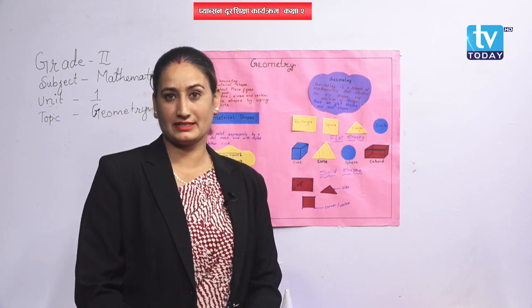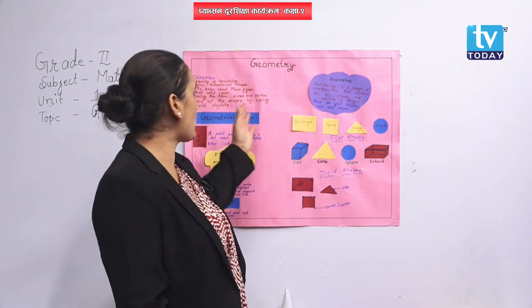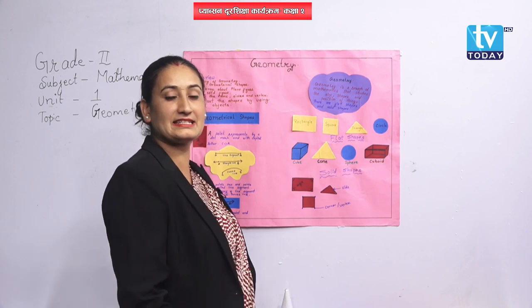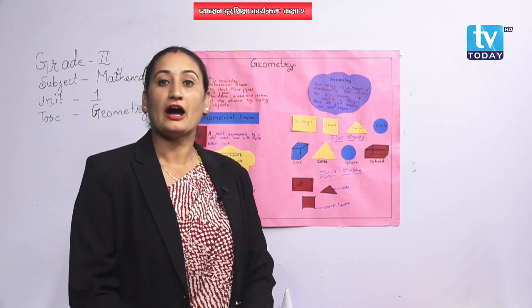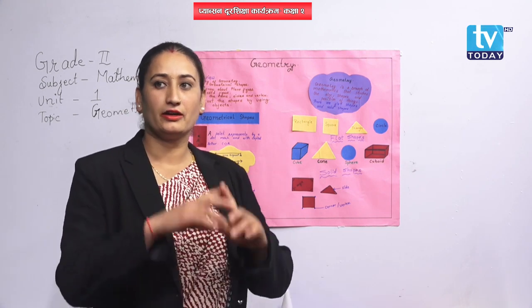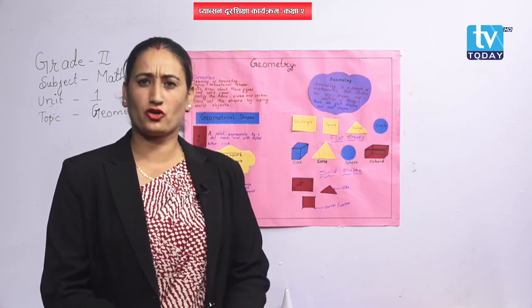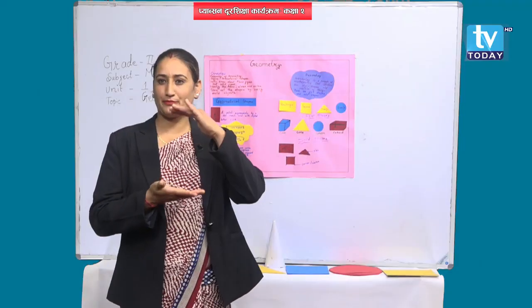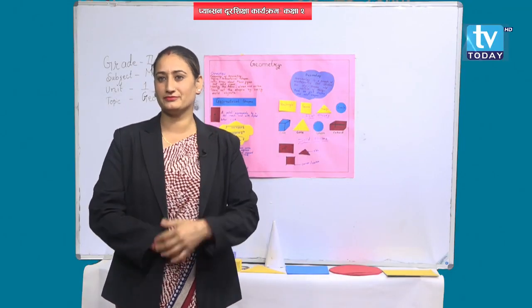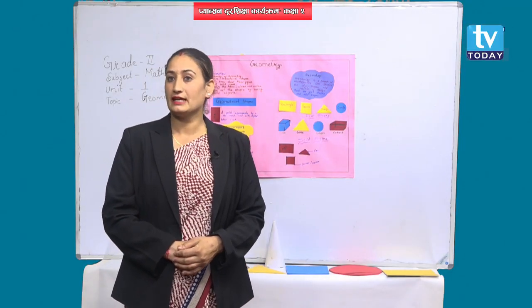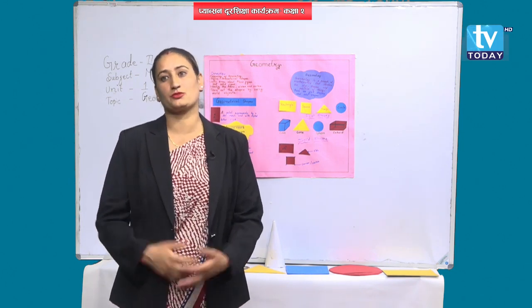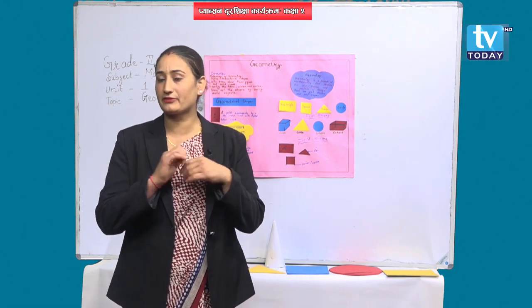Have you noticed? Can you see this chart paper? What shape is this? Obviously, it is a rectangle shape. Wow. Have you got a gift in a packet or box form? What is the shape of that gift box?